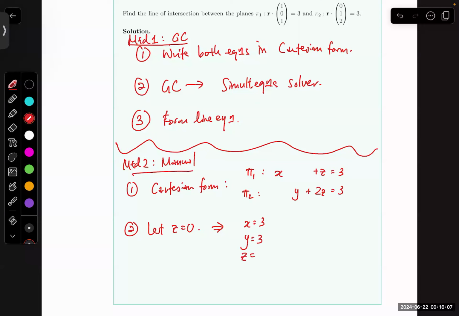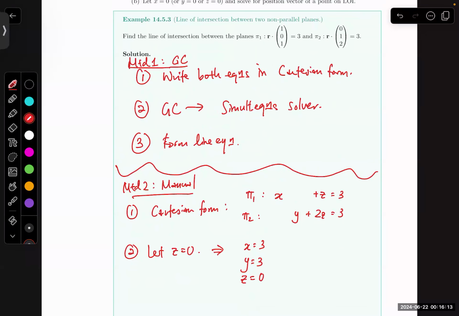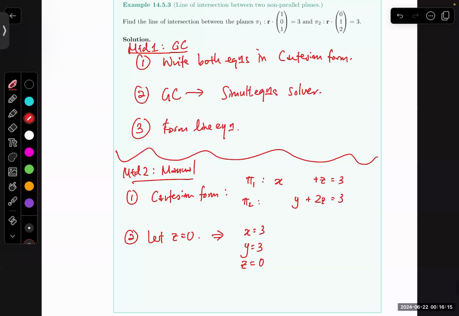Wait, hold on. z equals 0. Yes, correct, nothing wrong. So this is a common point.